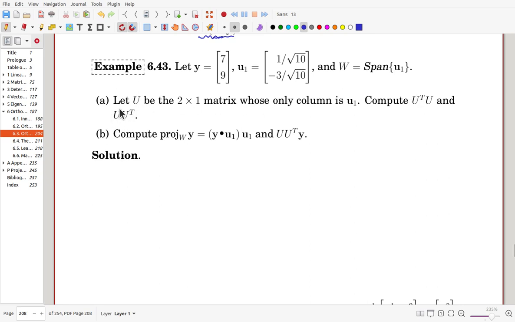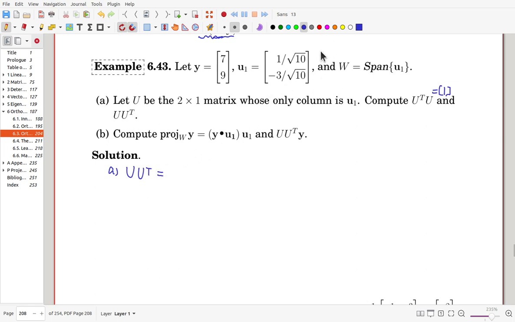That is too simple, it must be 1. The number 1, in fact, is a 1 by 1 matrix.